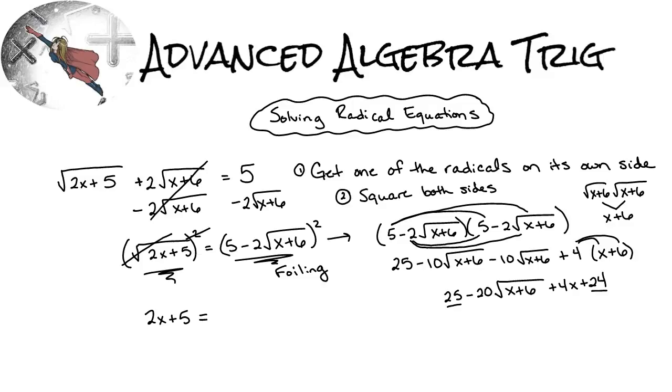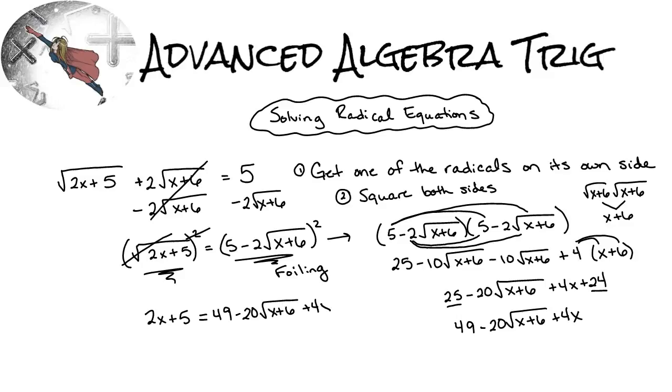So I'll have 49 minus 20 rad x plus 6 plus 4x. That's what I have on the right-hand side of the equals, so I'll recopy that over here. 49 minus 20 rad x plus 6 plus 4x.